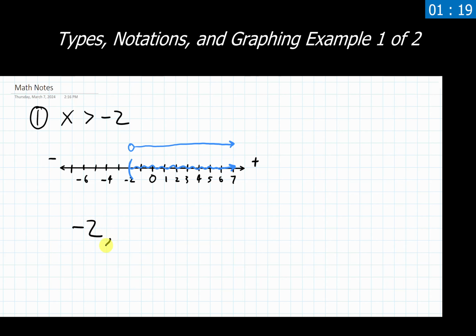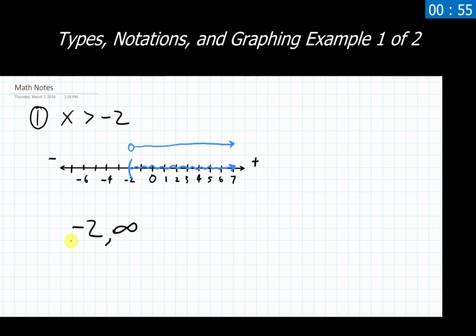That's my lowest number. What's the largest number? Well, this arrow on the end here implies that this number line in this graph is going to go on forever in this direction. So what's the largest thing it could possibly reach? Well, that's going to be a positive infinity. So I have my lowest value, -2, largest value, infinity.